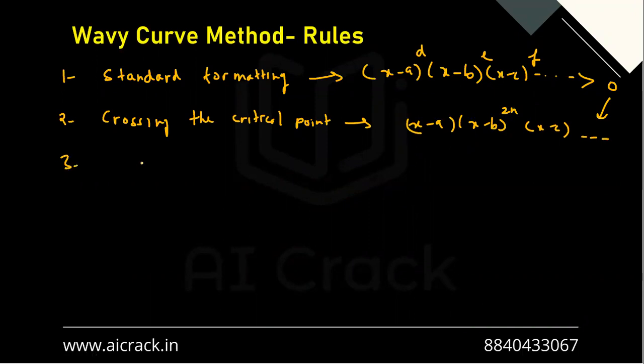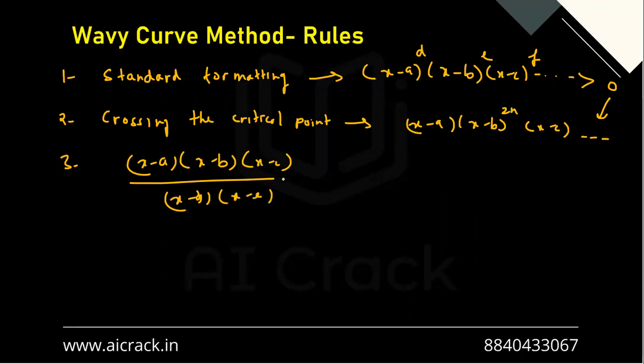Now, the third point is whenever we are having an inequality in which there are certain elements in the denominator as well. Whenever we are having an inequality in this format, x minus c over x minus d, x minus e, greater than equals to 0, then regardless of whatever the sign is over here, whether greater than 0, less than 0, less than equals to 0, or greater than equals to 0, we'll always keep an open circle at the d and e critical points.